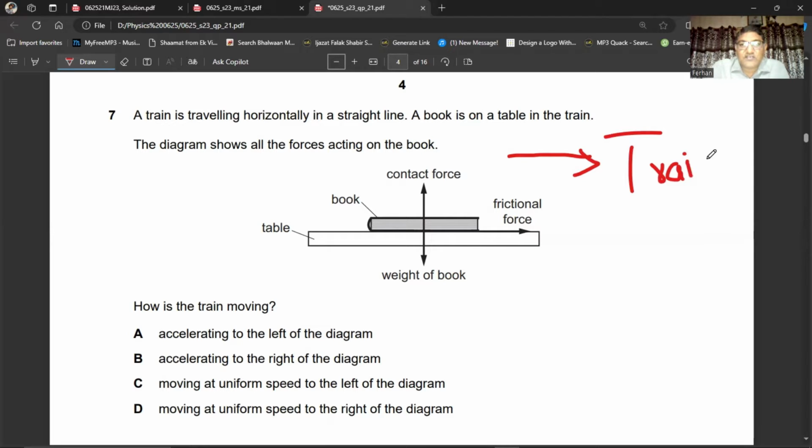Try to understand this story. The train is going to the right, but due to inertia, the book will try to go backward. This is happening due to inertia.